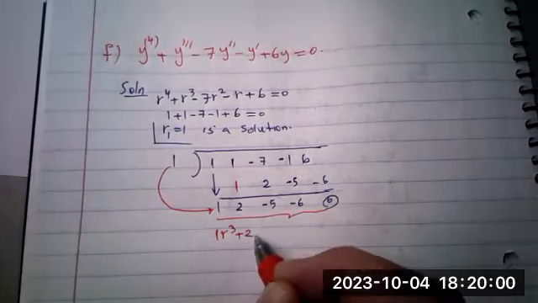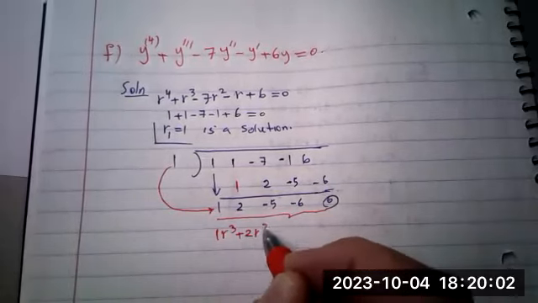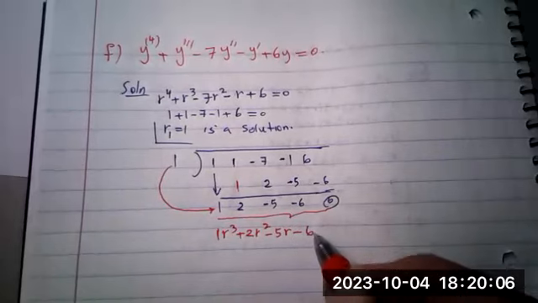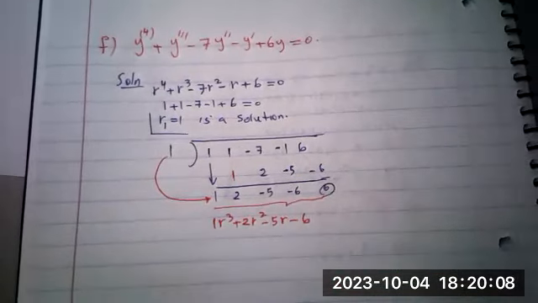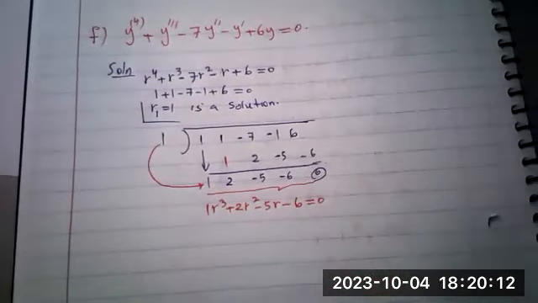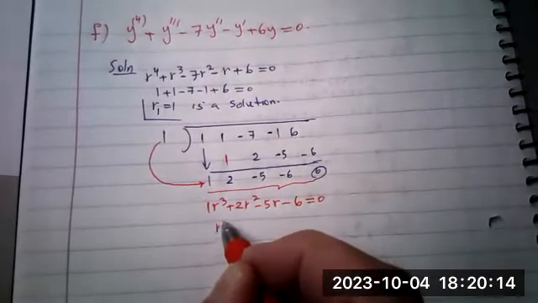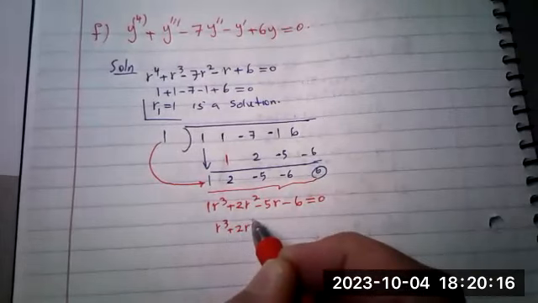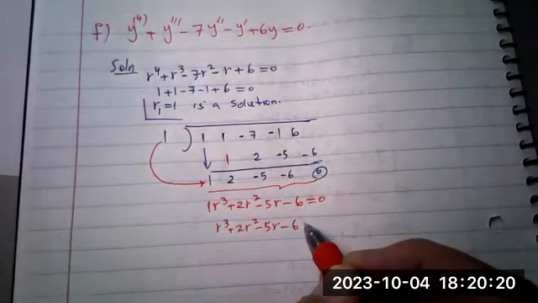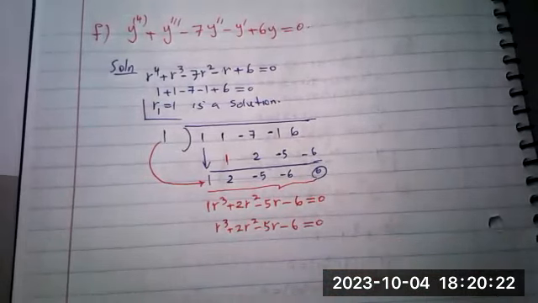The second one is going to be 2r squared minus 5r minus 6. This is going to be the resulting equation, so we have to take care of this one now. So we have r cubed plus 2r squared minus 5r minus 6 equal to 0. We shrink it; we reduce it by 1 part.